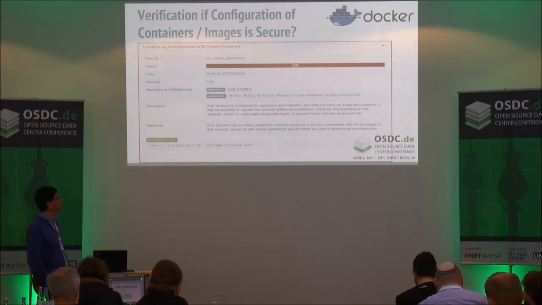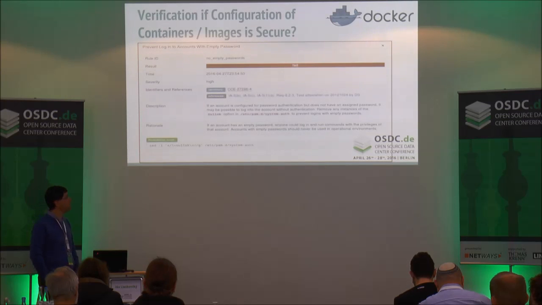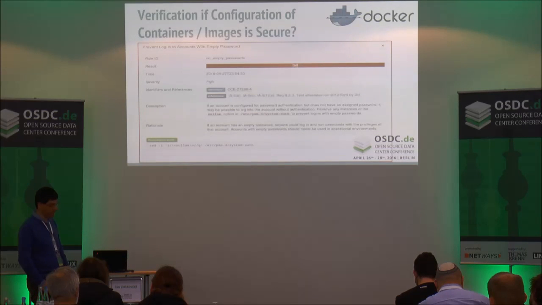So it's basically an example of the way in which the container might be configured insecurely. And when performing the scan of the container, all of those failures, all of those issues found would be represented in the same way.